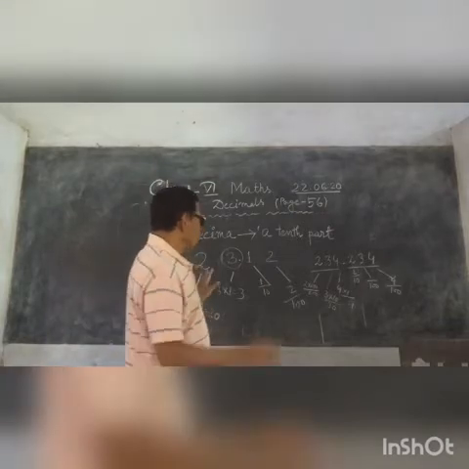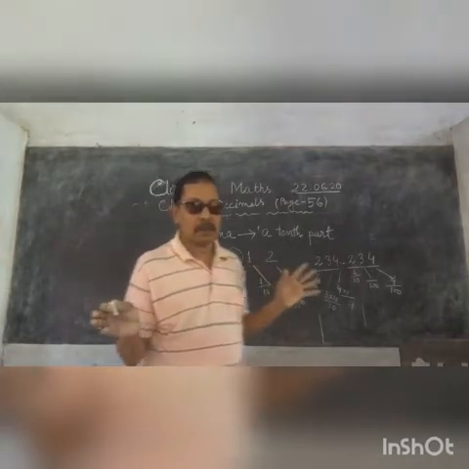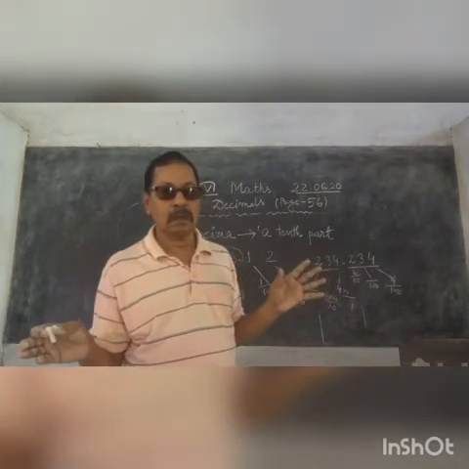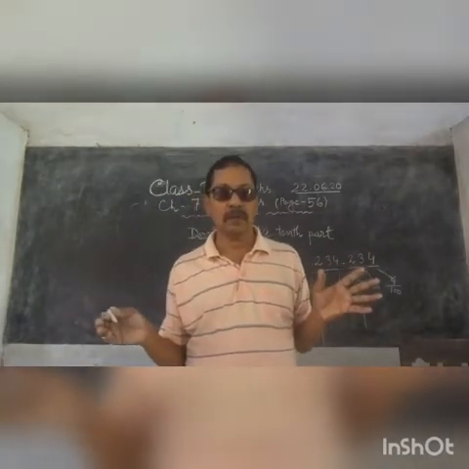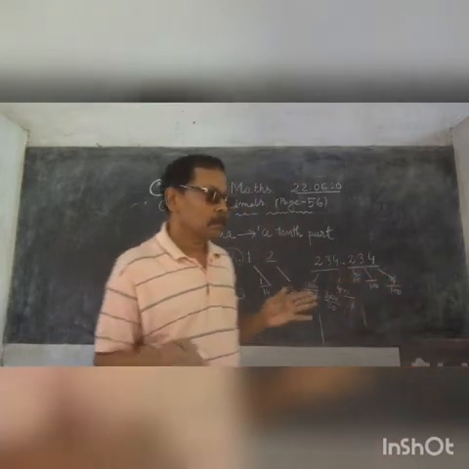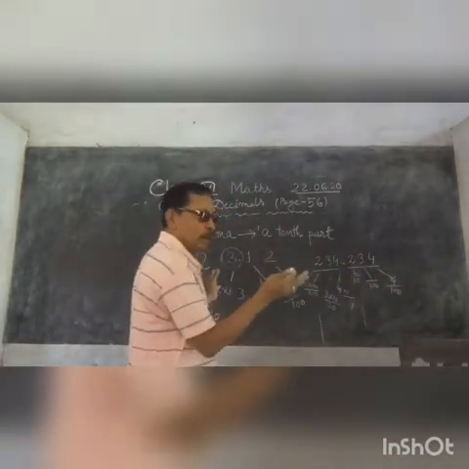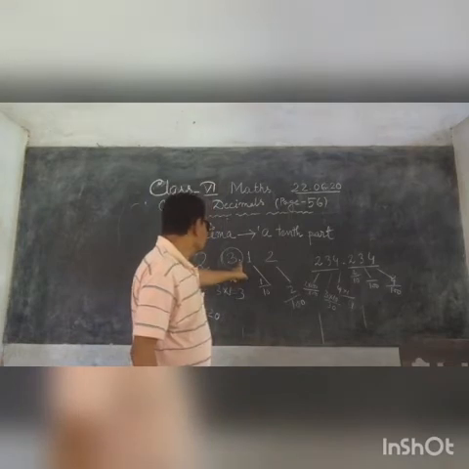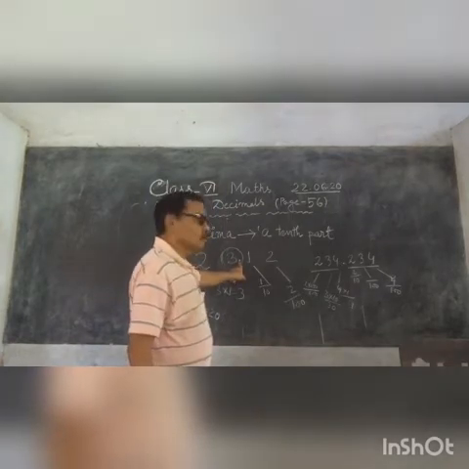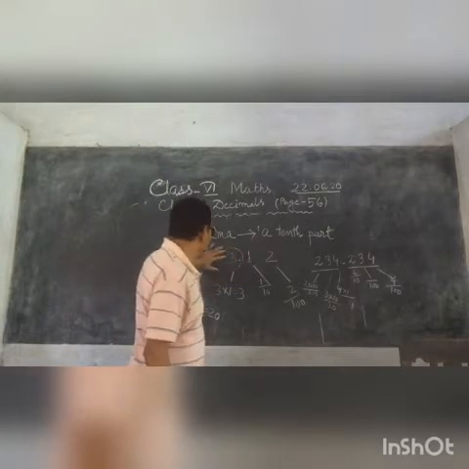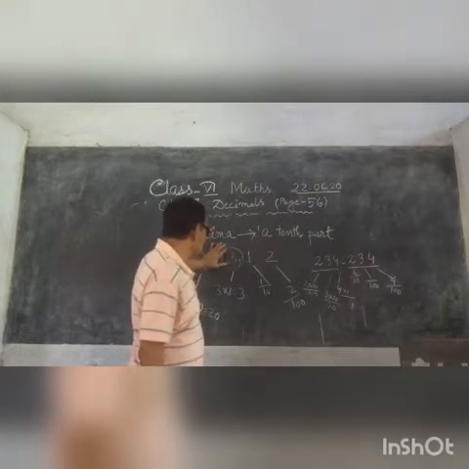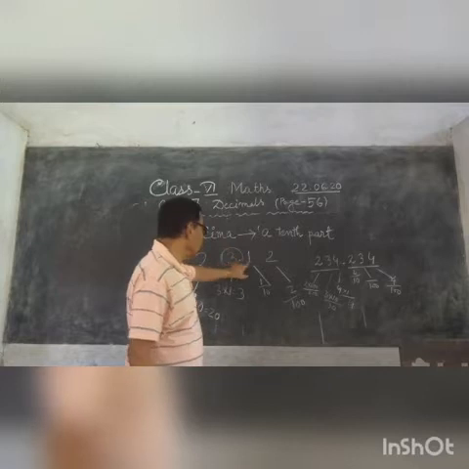A fraction can be converted into decimal also. In these two parts, a point is put here. It is called the point. If there is no whole number, only 0, then we generally use 0.12.